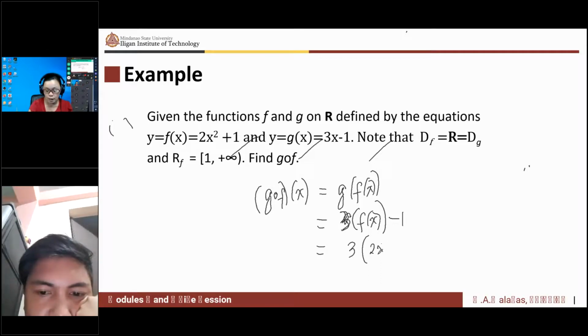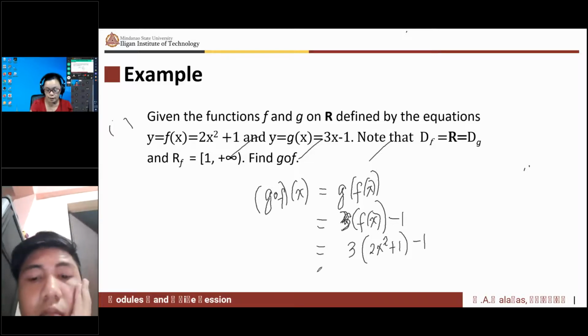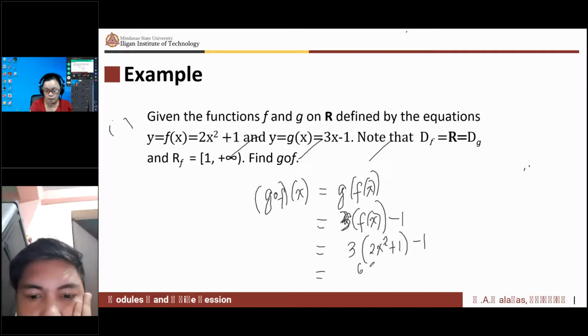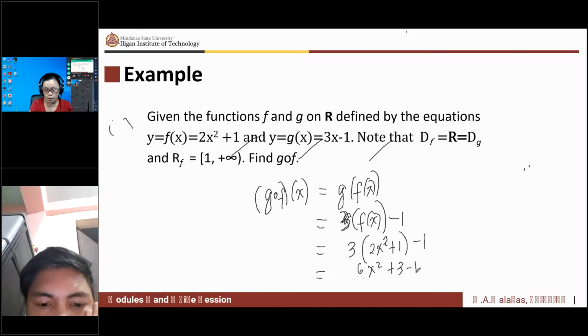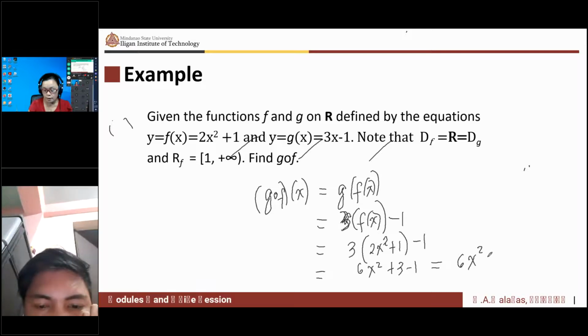So 3 times (2x squared plus 1) minus 1, and this is equal to 6x squared plus 3 minus 1. Therefore, this is equal to 6x squared plus 2. So that is our g circle f. Very easy.